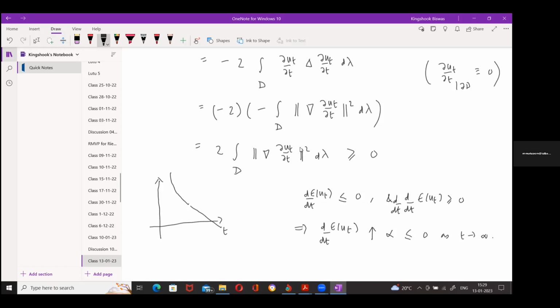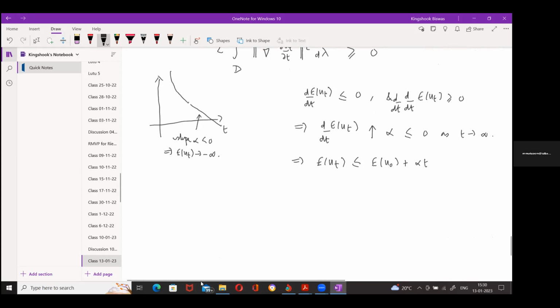If it had slope alpha, which is negative, then the energy of u_t would tend to minus infinity. See, the derivative of the energy function is less than or equal to alpha. So if I integrate, I get that the energy of u_t is less than or equal to the energy of u_0 plus alpha t, for all t.